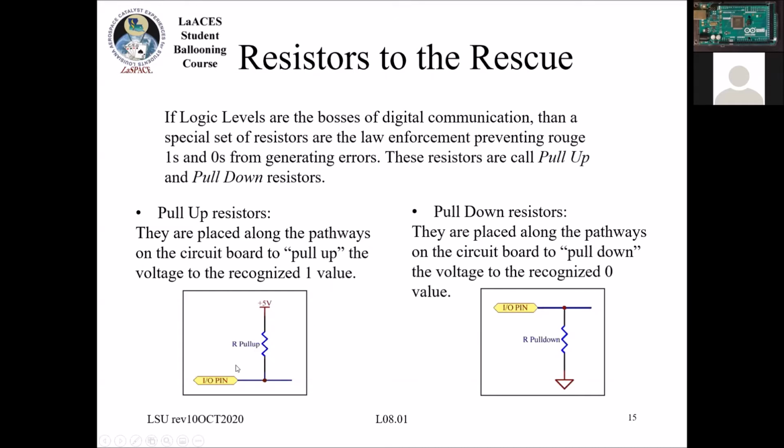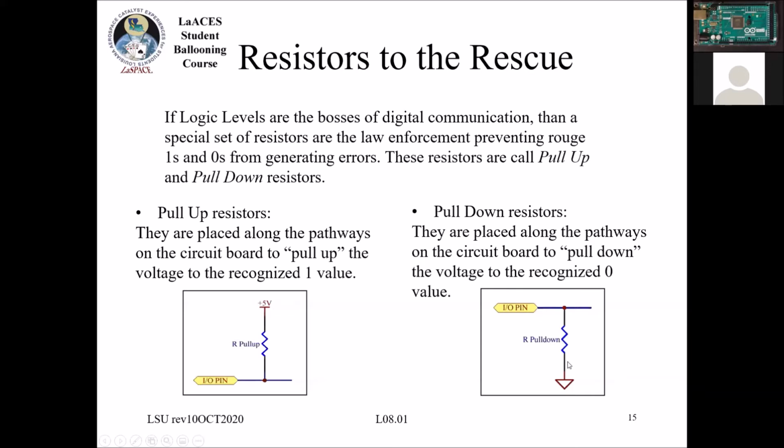So if I connect an I/O pin to a positive voltage through a resistor, that is called a pull-up resistor. And that means if there's nothing connected here, this will be a high value. And the reverse is where I have an I/O pin connected to ground through a resistor.